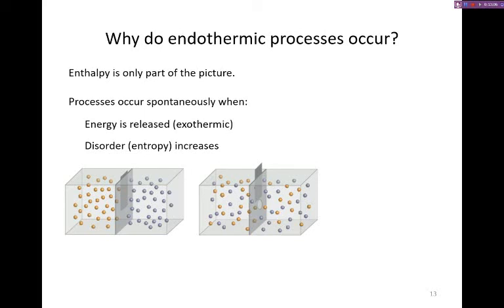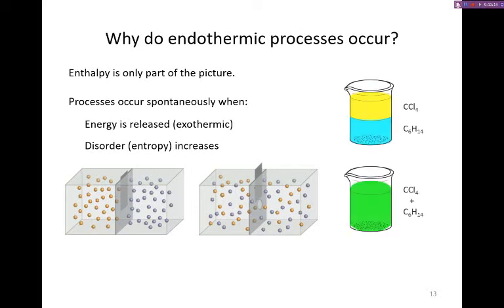However, when we open up the hole and we allow them to mix, they're going to have higher disorder, and that is favorable. That occurs spontaneously. An example of this would be if we have carbon tetrachloride and hexane. And when they mix together, that's going to lead to an increase in disorder.